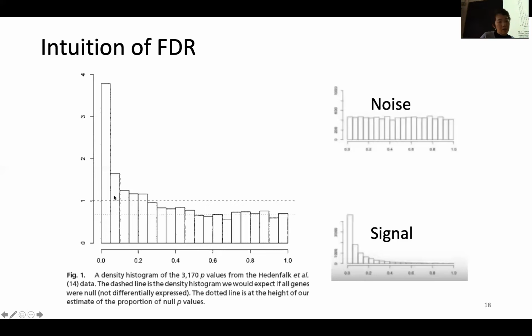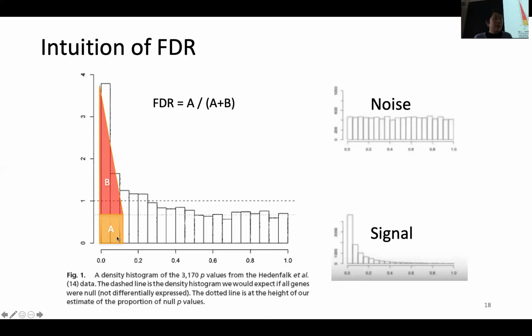And if you were to cut at another p-value, let's cut off here, the noise would be everything below this dotted line, divided by all the genes that are called below this p-value, which include this bar together, right?